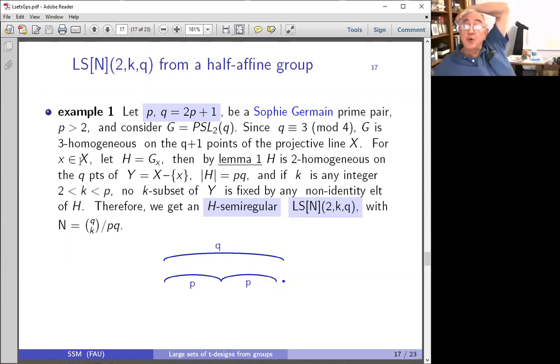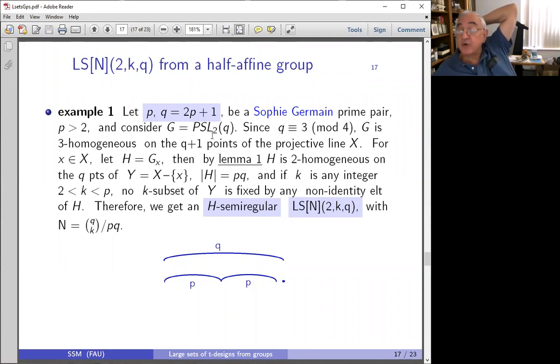Now, if we take any point of X and take the stabilizer of that point, then by lemma 1, H, the stabilizer, is 2 homogeneous now. We go from 3 homogeneous to 2 homogeneous on the deleted set, that is X minus the point, the set Y equals X minus X. Quickly, we can also show, you can calculate the order of H to be the order of G divided by Q plus 1.